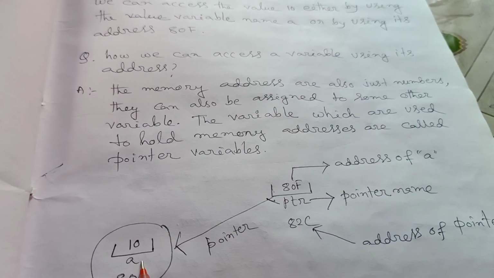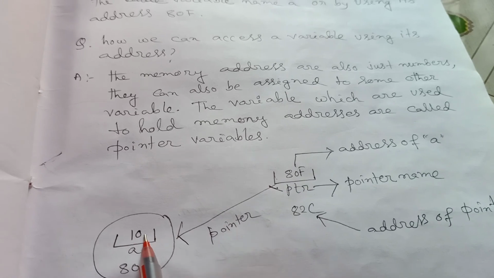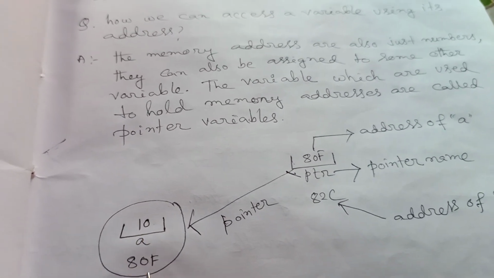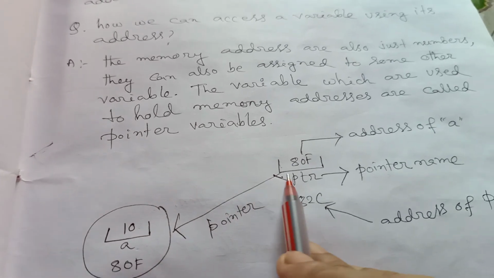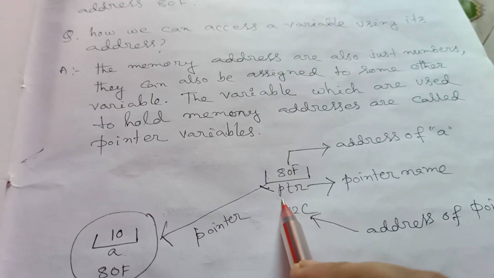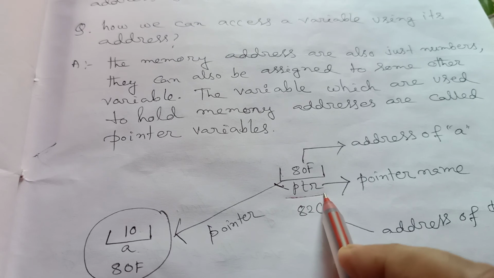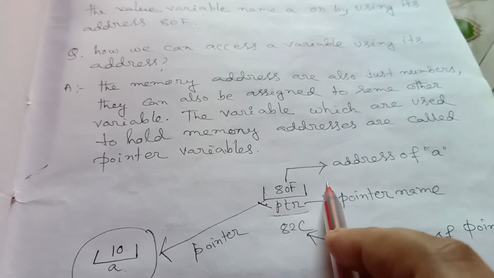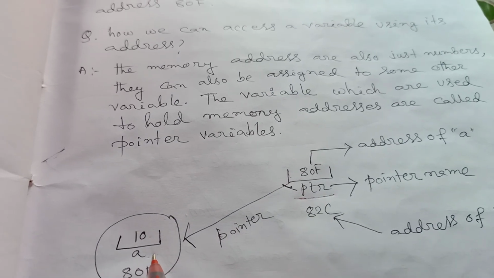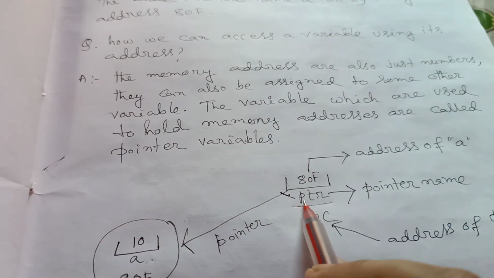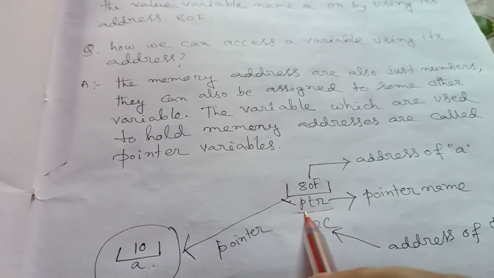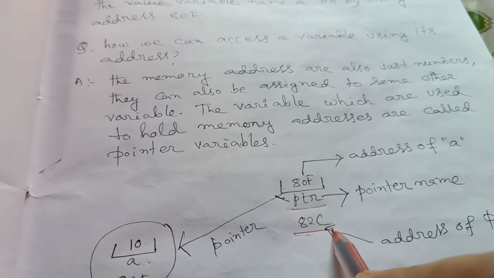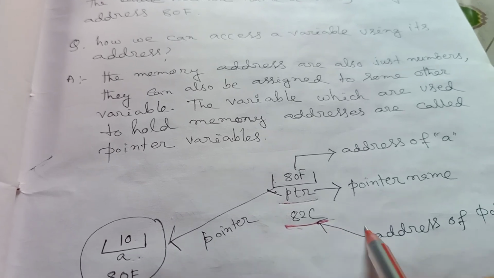Previously, a is the variable declared, 10 is the value of a, and 80f is the address of variable a. Now we declare a pointer ptr which contains the value 80f, which is the address of the variable a, and the pointer variable ptr is stored in the address location 82c.